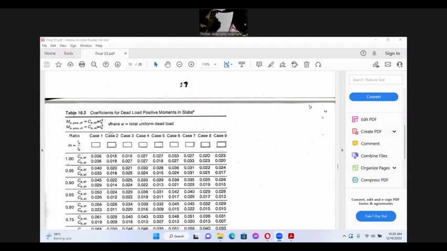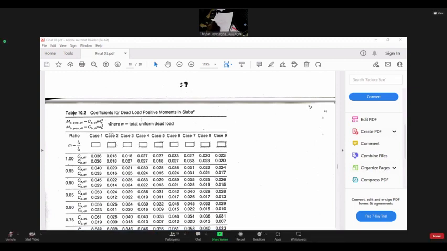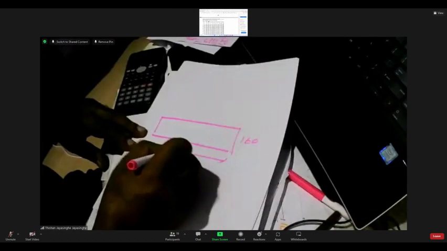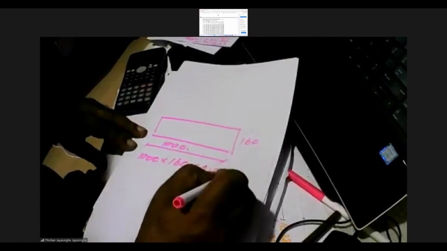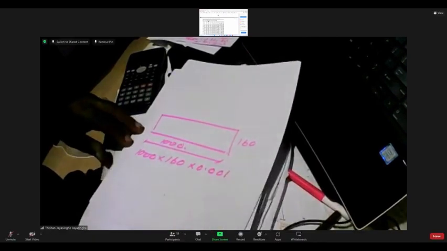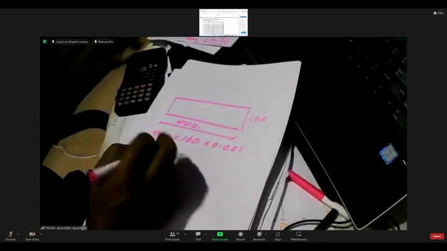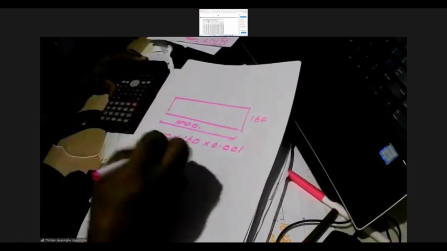So if it is 0.1% reinforcement, 1000 multiplied by 160, multiplied by 0.001, equals 160 millimeters squared.